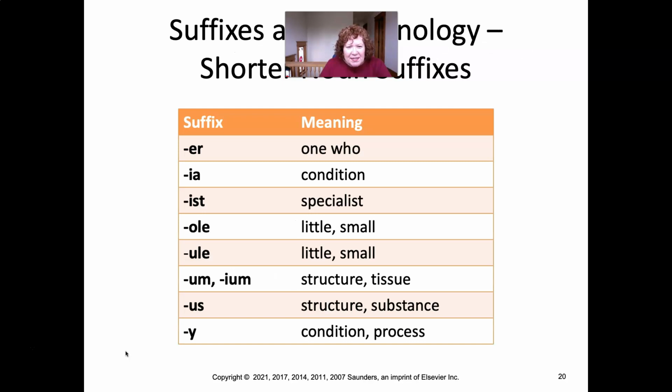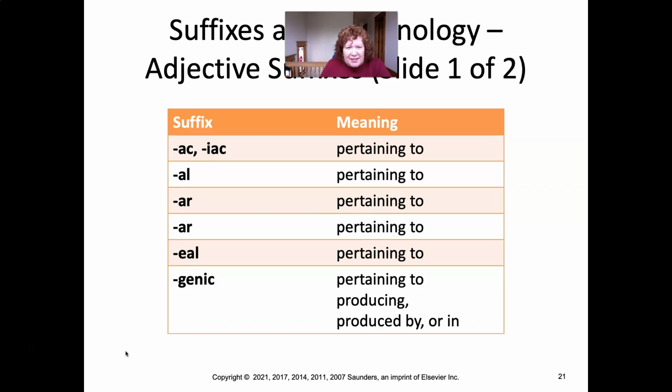Some more suffixes. ER, IA, ist, ol, ul. Notice the difference between ol and ul. You need to make sure you pronounce them differently, even though they mean the same thing. One of those very confusing tricks in medical terminology. And both mean structure and tissue. Us and Y. AC, IAC, AL, AR, EAL, and genic.